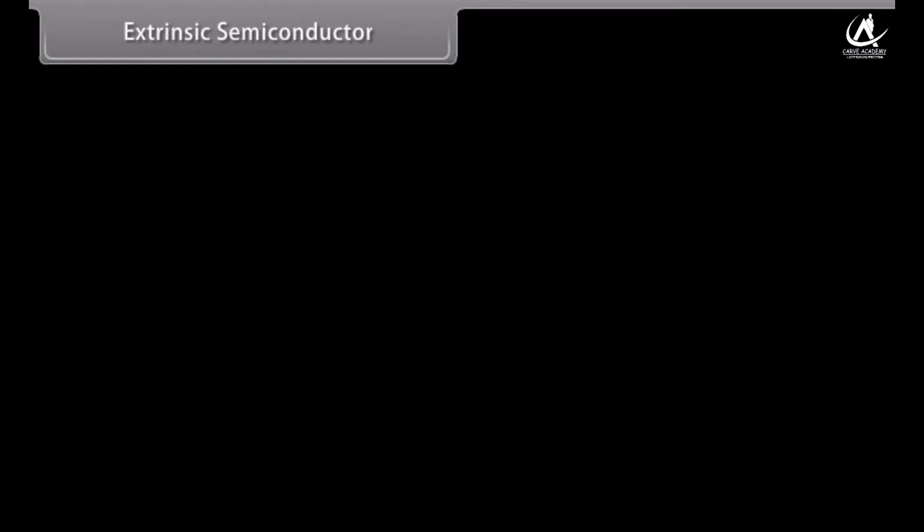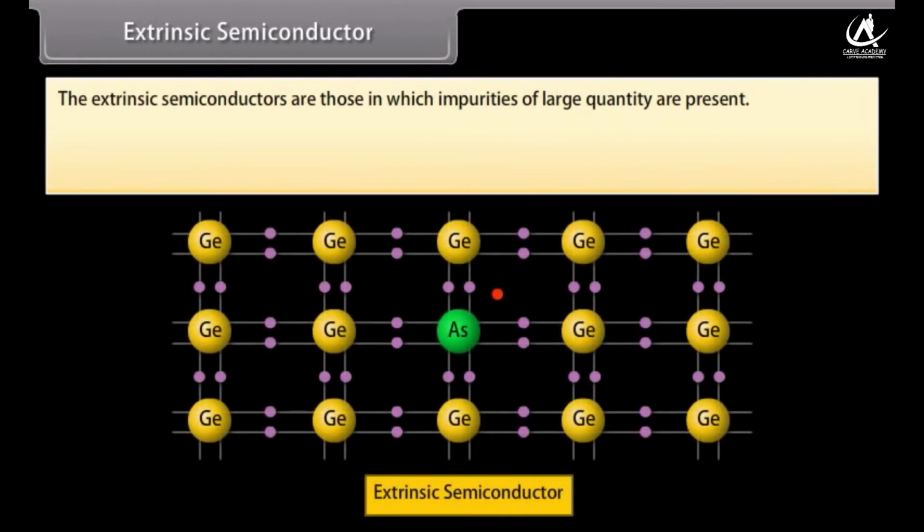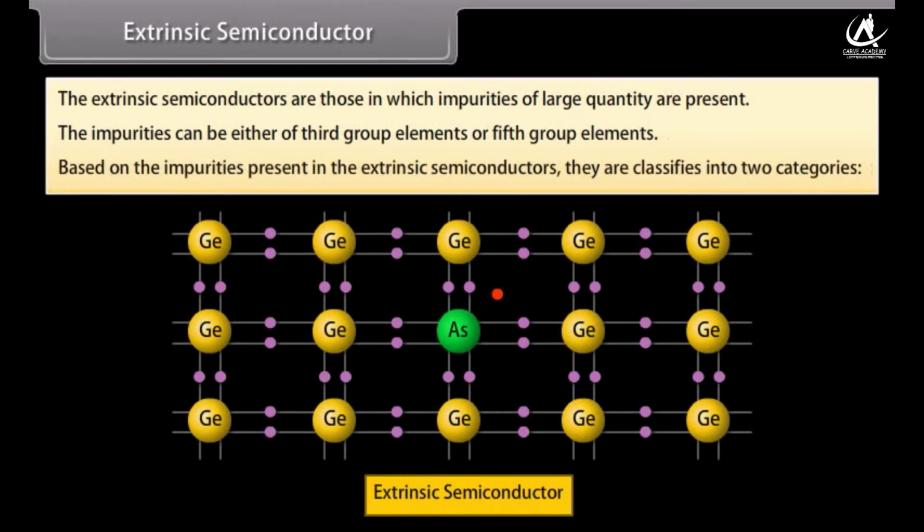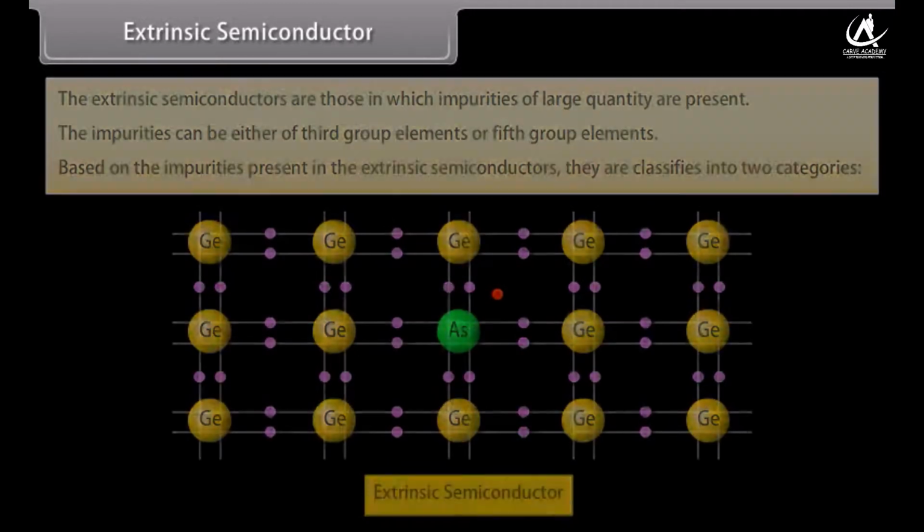Extrinsic semiconductors. The extrinsic semiconductors are those in which impurities in large quantity are present. The impurities can be either third group elements or fifth group elements. Based on the impurities present in the extrinsic semiconductors, they are classified into 2 categories.